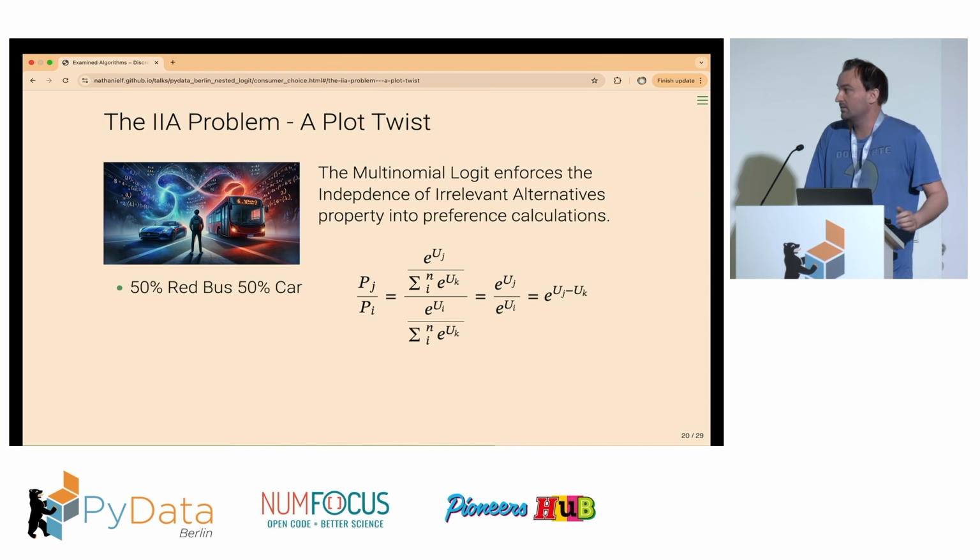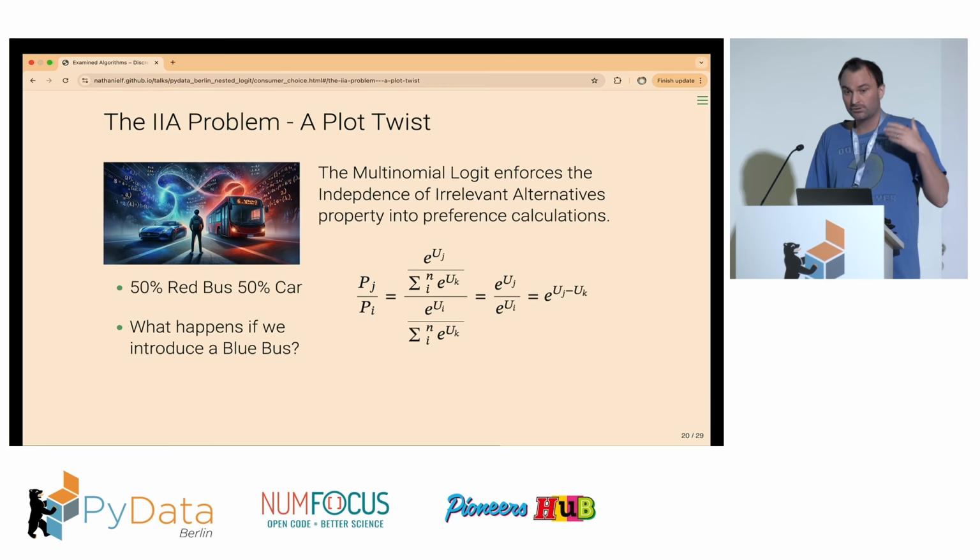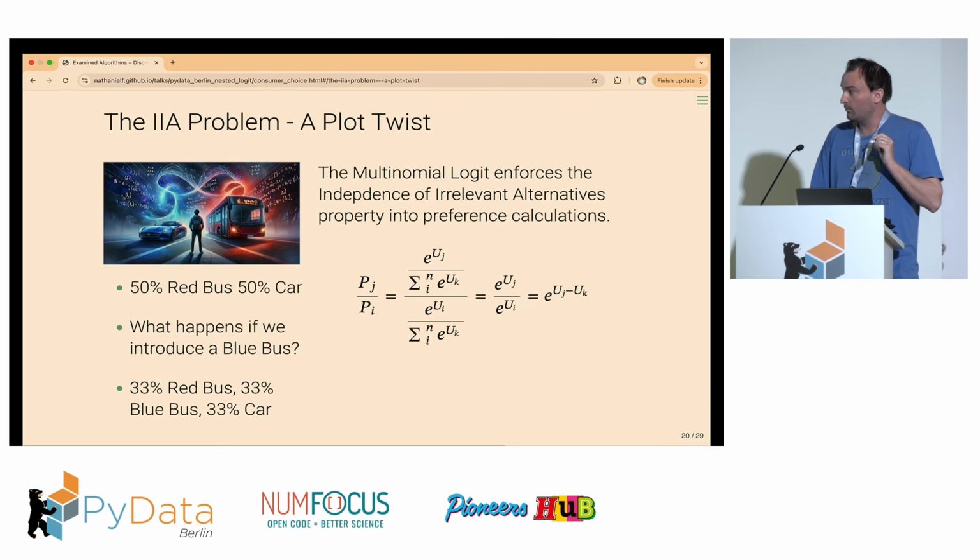The canonical example here is if you have a market share which is 50% red bus and 50% car. If you introduce a new blue bus to the marketplace, which is the same in all other attributes as the red bus except for color, the multinomial logit model will imply a new market share of 33% for each of the goods. That's because this model will cannibalize equally the market share of all prior existing goods.